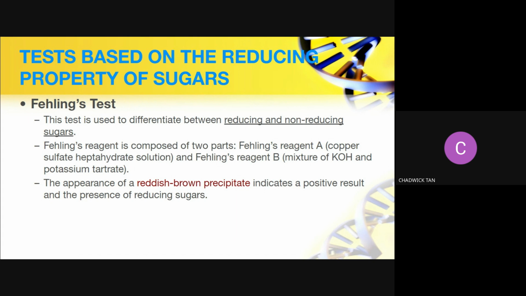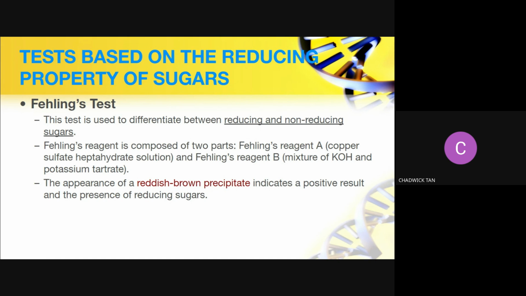Okay, so ito ginawa naman natin sa lab. So this Felling's test is used to differentiate between reducing and non-reducing sugar. So meron kang Felling's reagent A and yun yung kulay blue.